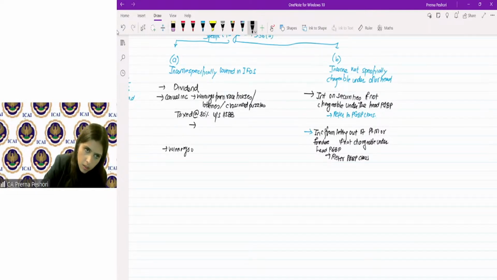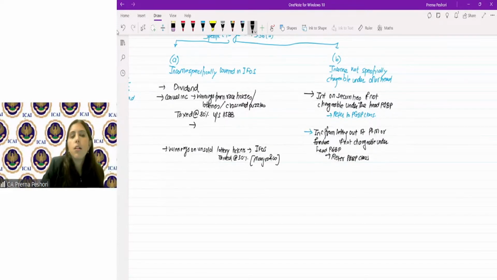Winnings on unsold lottery tickets, income from other sources, taxed at the rate of 30%. Manju and Company case.